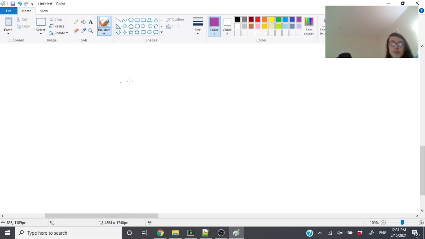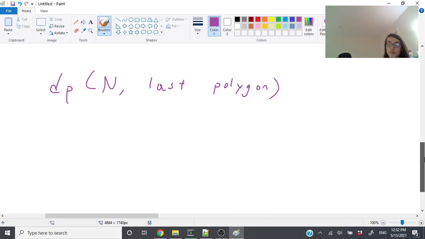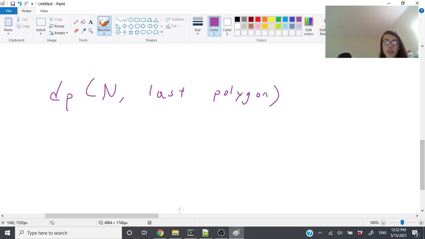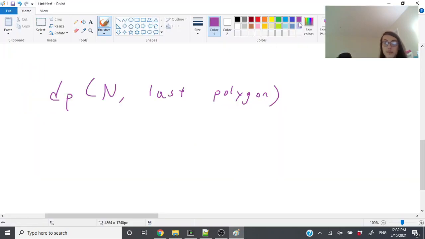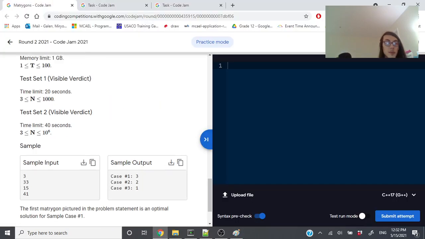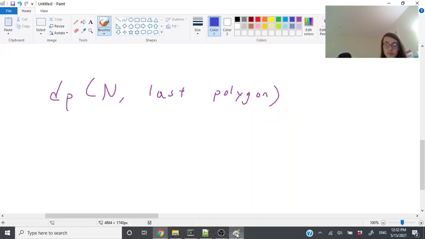For example, dynamic programming. For n equals 1000, we can do dp on n and the last polygon we used. And then we can pre-compute this because n is just a number. So we can pre-compute this, and then that way that gets rid of the t factor.